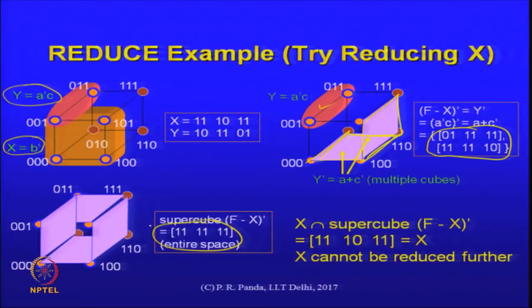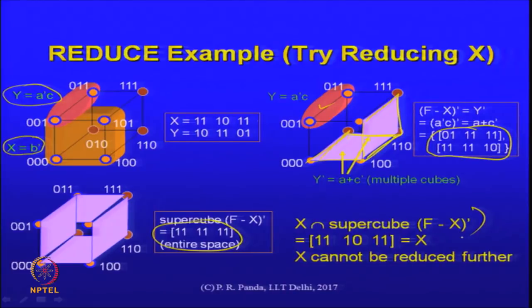Now, when you take x intersection supercube of f minus x, that is my definition of the maximally reduced x that I can afford. When you take that intersection of x with everything, do not care, you get x back, which means that x cannot be reduced further. X has to be there, you can't reduce x further.